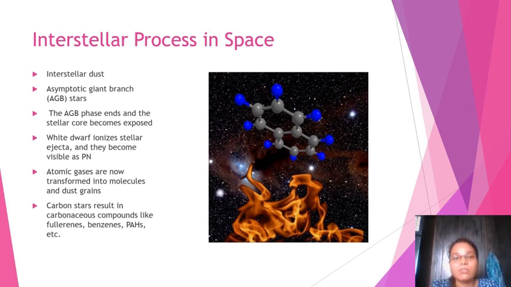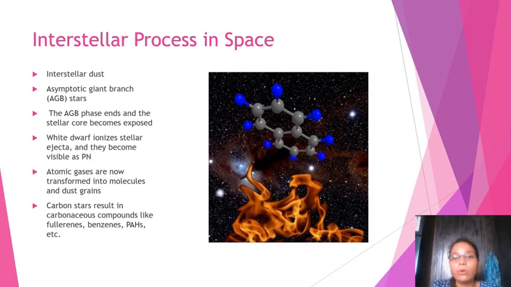An asymptotic giant branch star, or AGB star, is where this dust is created, in the outflows of these low mass stars, whose outflows are really slow but massive. Once most of the envelope is ejected, the AGB phase ends, right?